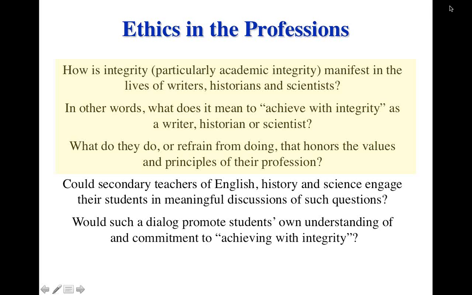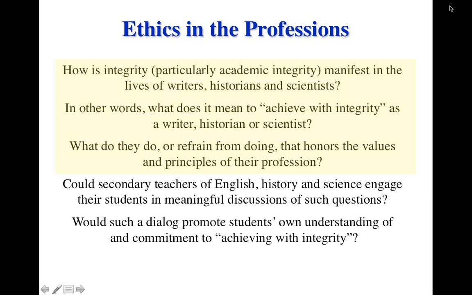But the idea is that if that's how you think about it, you want kids in your class thinking about, if you're an English literature teacher, what a writer does and how they do their craft, or a historian or a scientist. Then I think this is a natural fit.